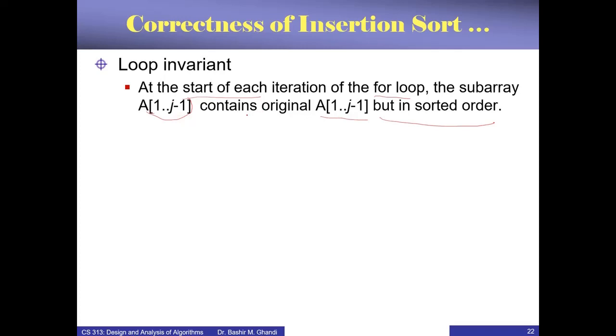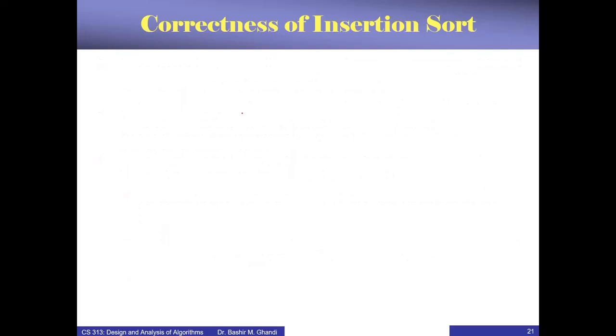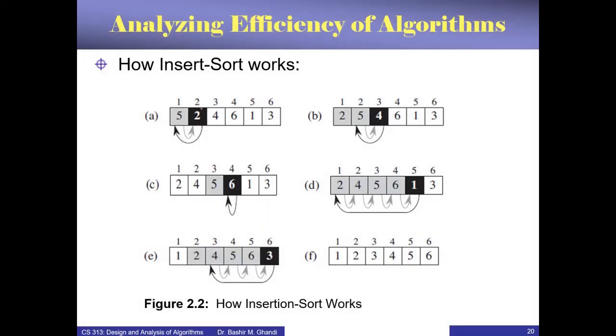To show you this practically, let's go back to the description where we saw how the insertion sort works. You see, when j is 2, so j minus 1 is going to be 1. So the element from 1 to 1 obviously is just this 5. It contains the only number that is in this position, and since it's the only number, it is already sorted.